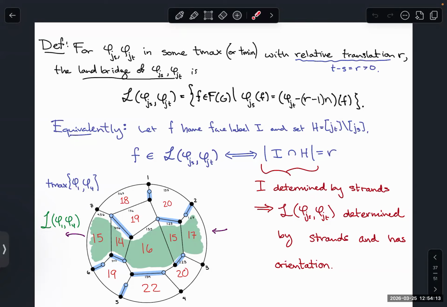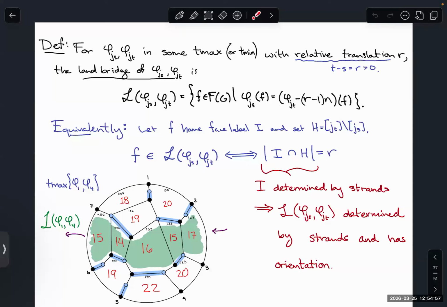If we have two fundamental heights in some Tmax or Tmin, with a relative translation R, meaning that t minus s is equal to R, then we can look at the set of faces where in the Tmax these would contribute the same height. Equivalently, if F has face label I and we let H be the set of the numbers 1 through jt and take away anything js or smaller, a face only appears in a land bridge if and only if the intersection of I and H is of size R.